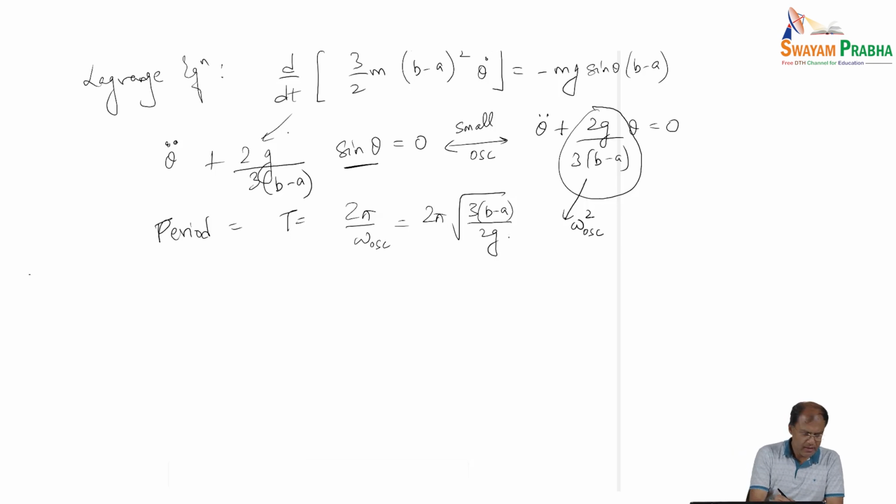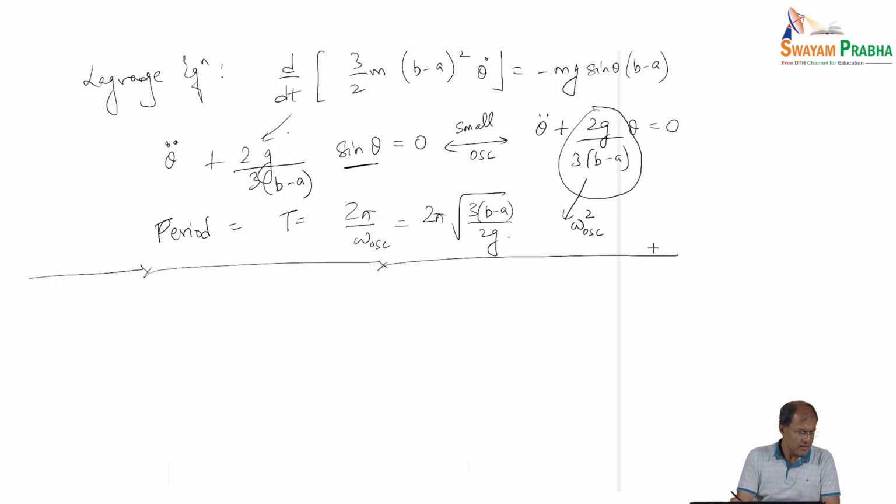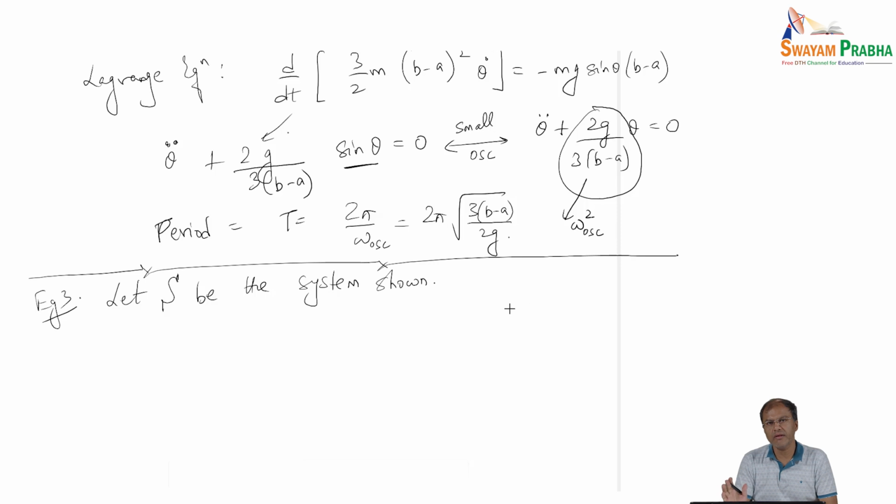Let us now look at another example. Let S be the system shown. I am going to draw the diagram and then I will write the statement. Again, the system is something which we have seen in the last module.